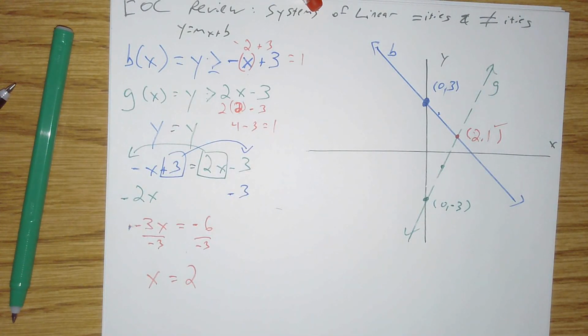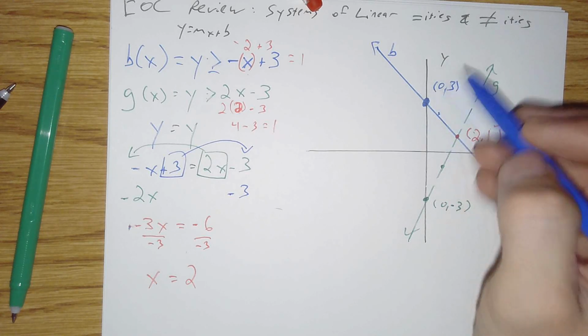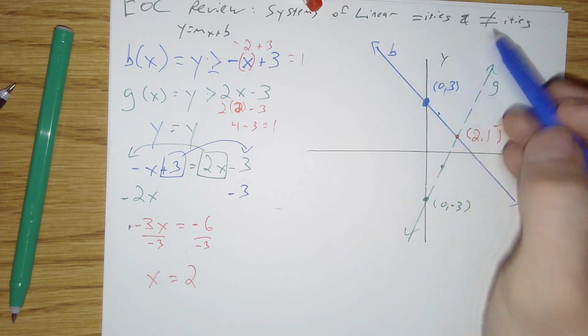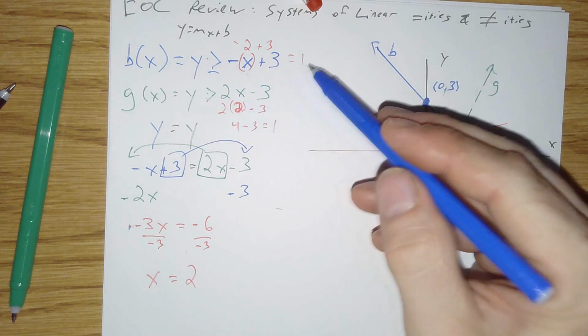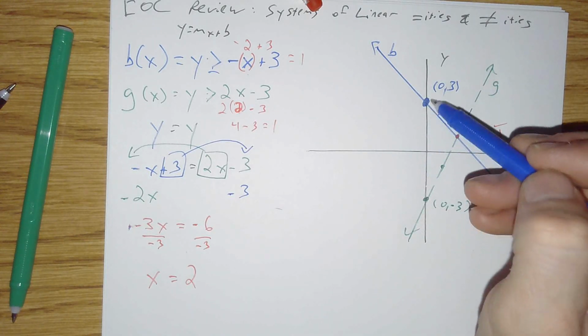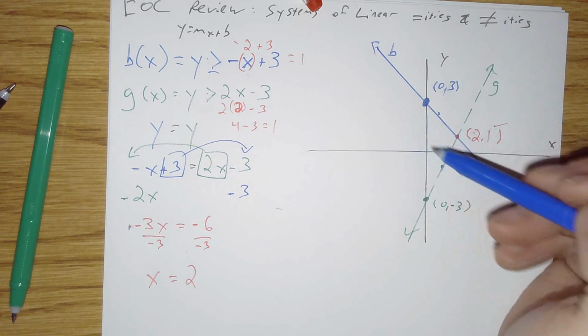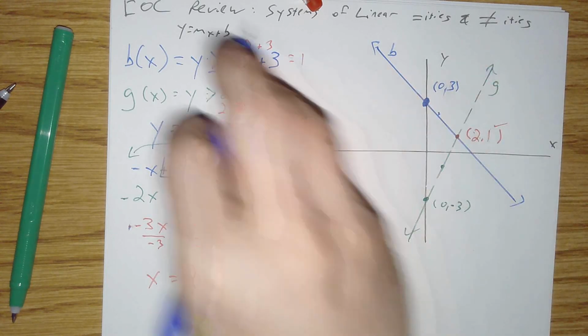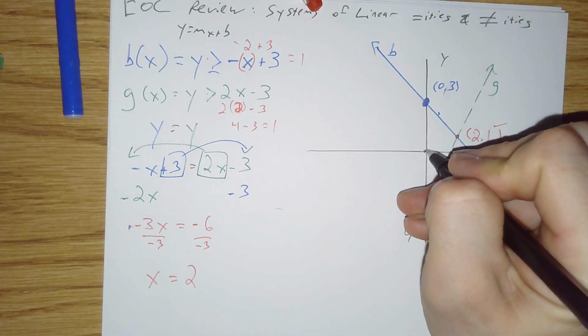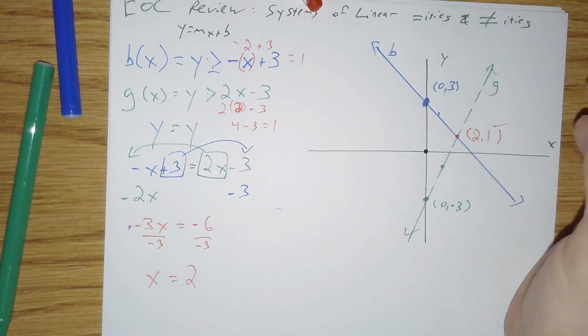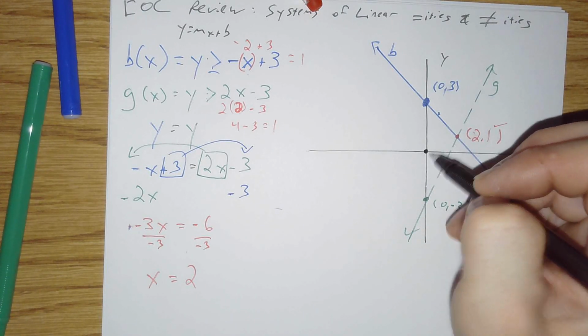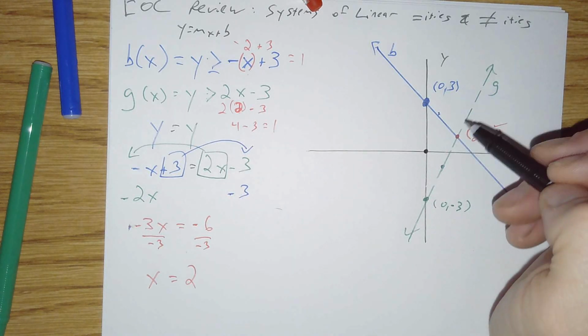Now, you can just try to figure out that the y value has got to be above this line because y is greater than this. Or you can do the origin check for the blue line. The origin check is where I take 0 and put it in for x and y and see if it is true.